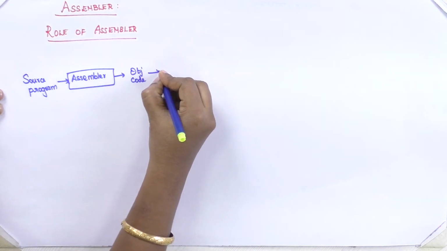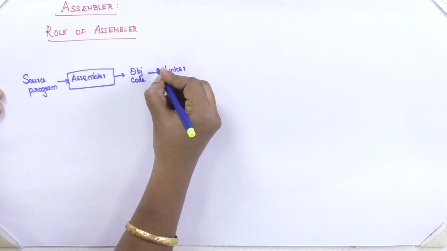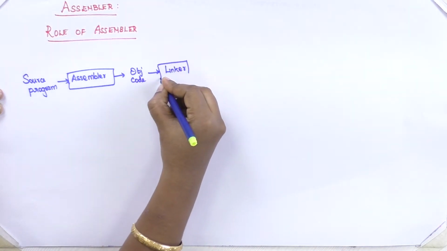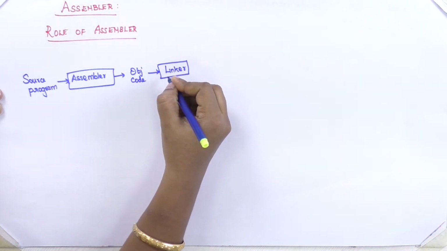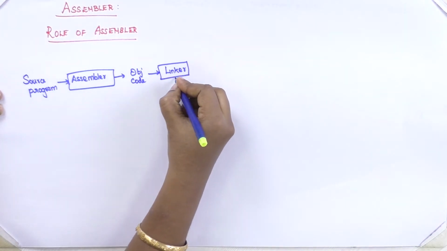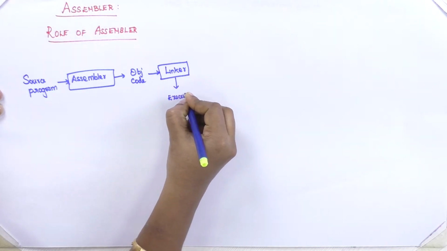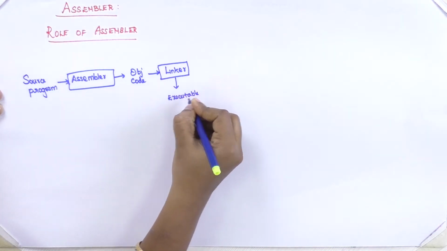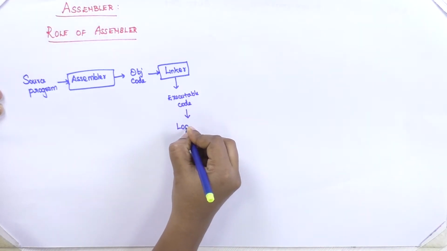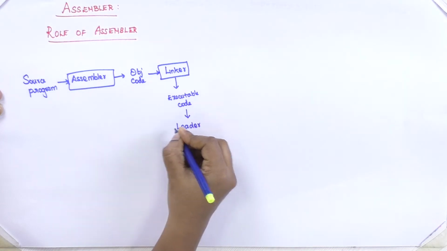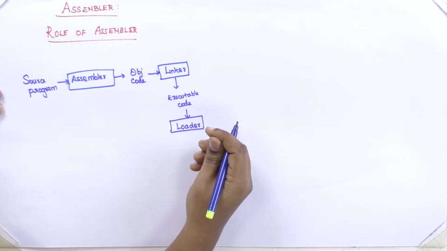This object code is given to our linker. The linker will link all the needed files for a program, and then it creates an exe file, an executable code file. This exe file is then given to the loader. Our loader will load the program in memory for execution.